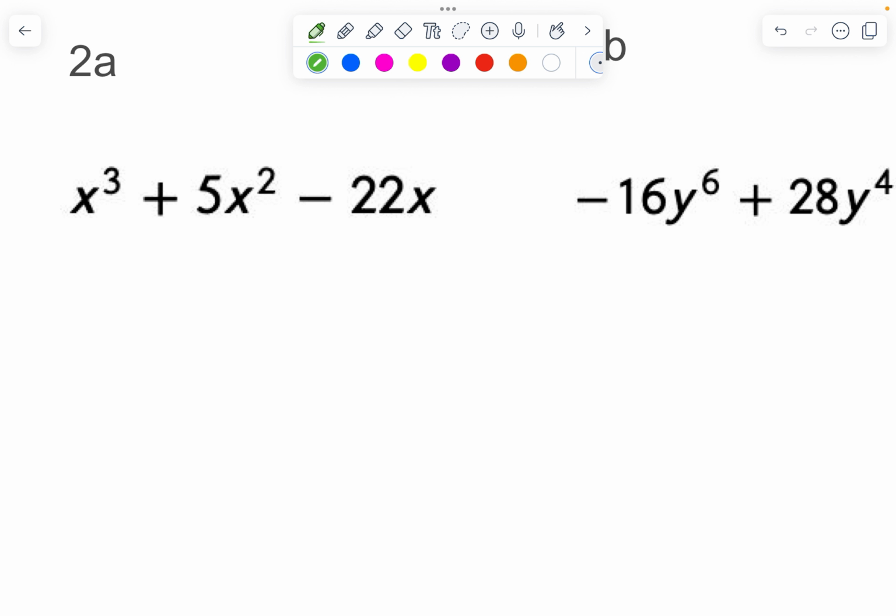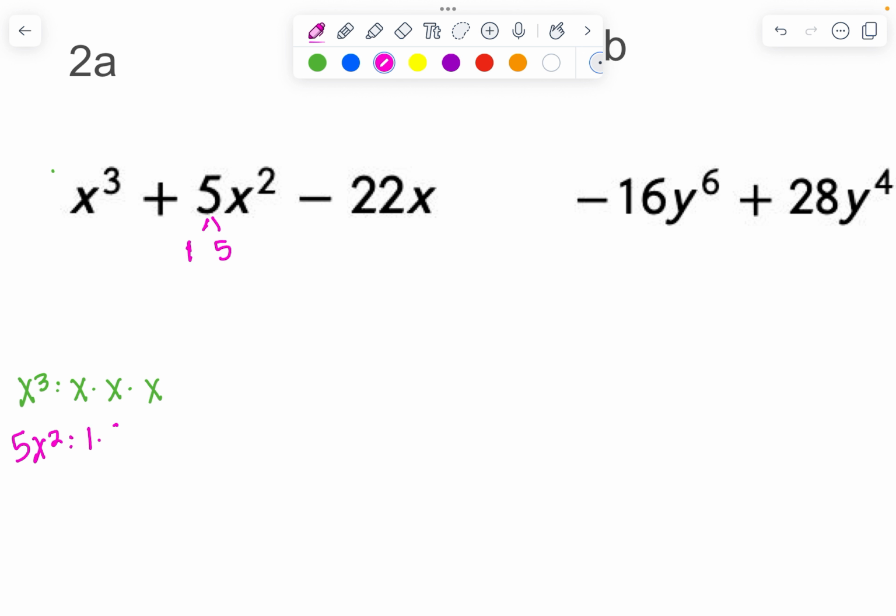So let's look here. x cubed doesn't have any coefficient. A coefficient would be something that's in front of the letter. We don't have anything there, which means x to the third power is just x times x times x. 5x squared, the only way to get to 5 is 1 times 5. 5 is already prime. We can't really break it down any farther.